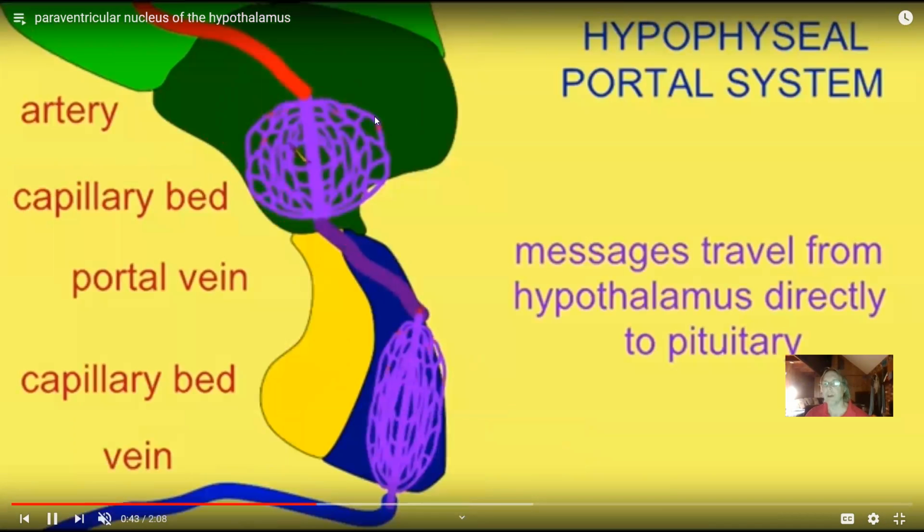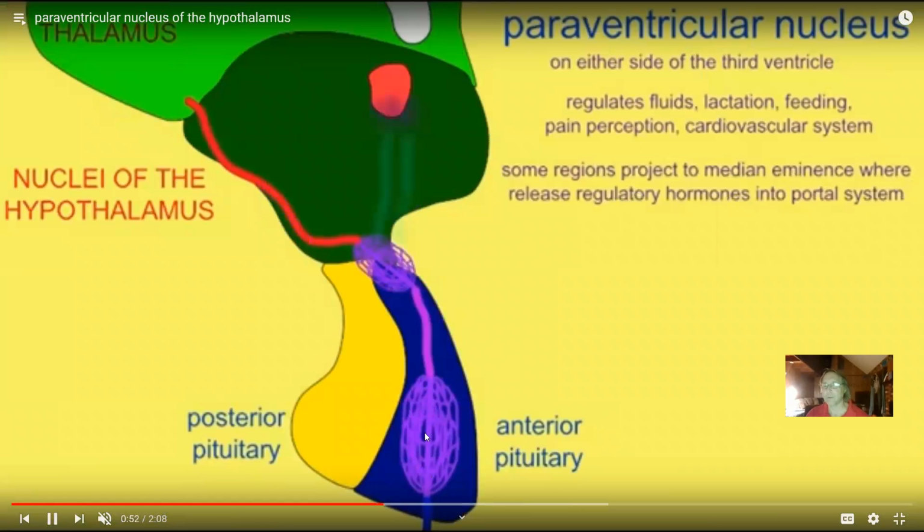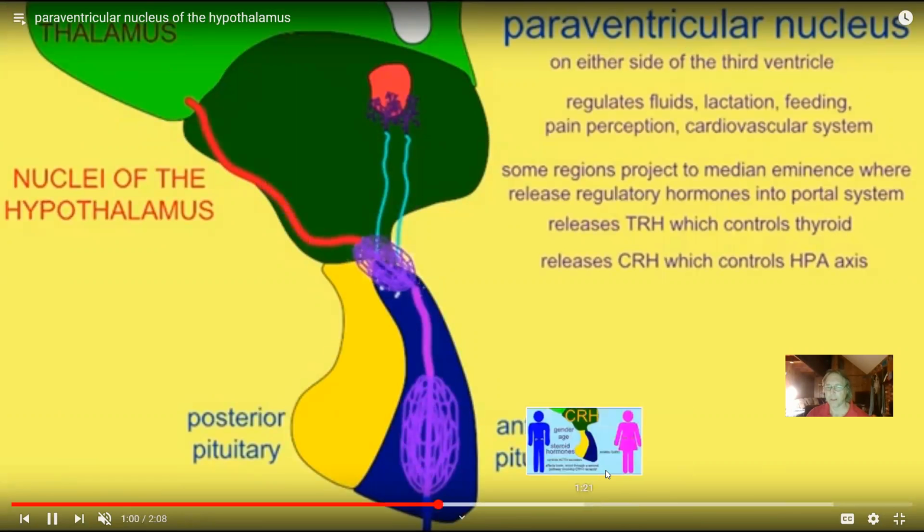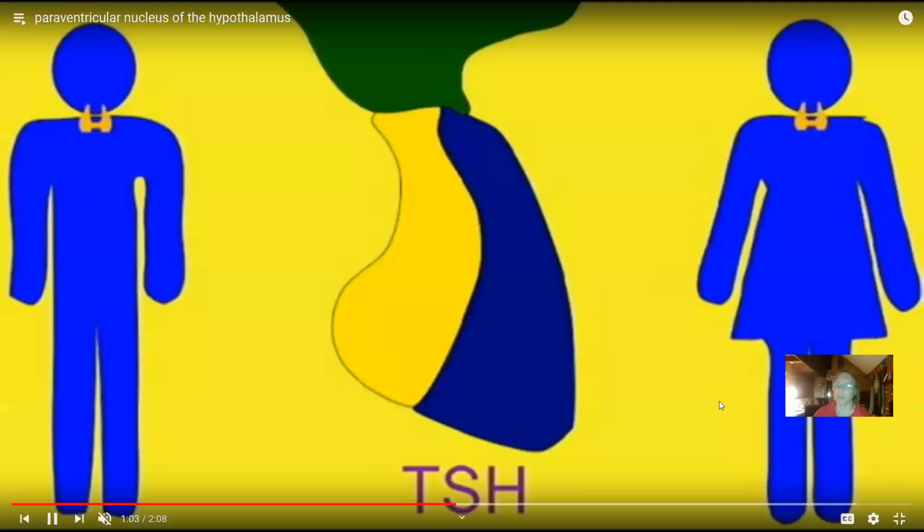And so the hypothalamus makes hormones which go into the blood here, and then pass through a portal system, and then signal the anterior pituitary, where it makes hormones which would affect lactation and other things. And so neurons here in the paraventricular nucleus can have axons going to this capillary bed, where they release hormones which go into the capillary bed and then pass onward to the pituitary gland.